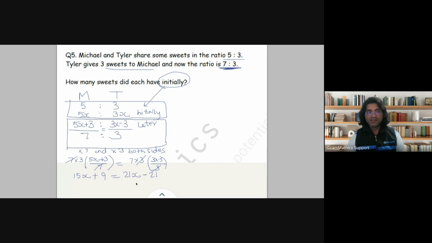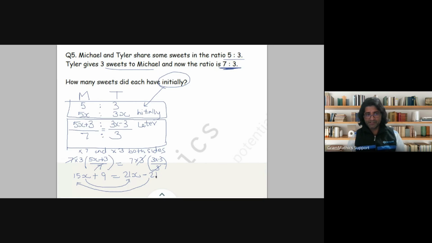Yeah. I just notice which one has a bigger x. I keep that side for x and the other side for constants. That's my usual practice, so that I deal with as few negatives as possible. So this 15 goes here, this 21 goes here.